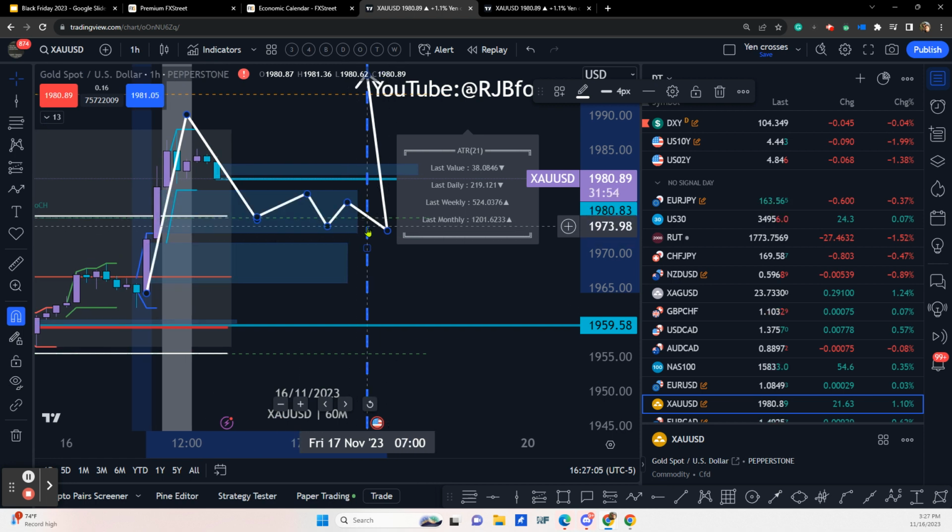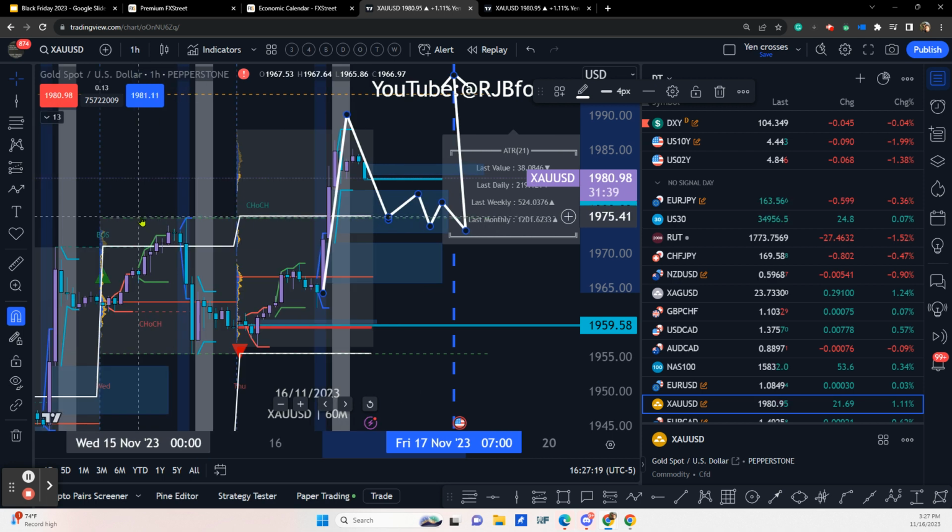So I'm looking at the market from 7 and I'm seeing where it's come from. But from 8 a.m. until 12 in the afternoon, say, I'm looking for how the price is reacting to the closing price and the high of two days ago.